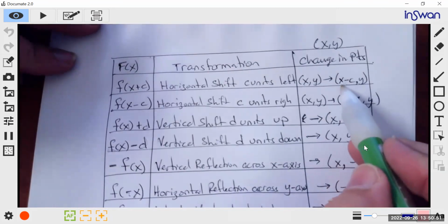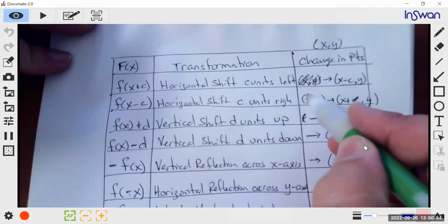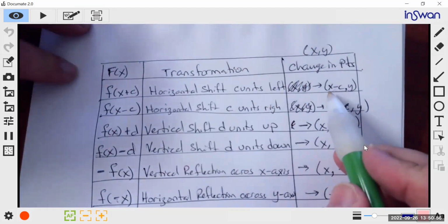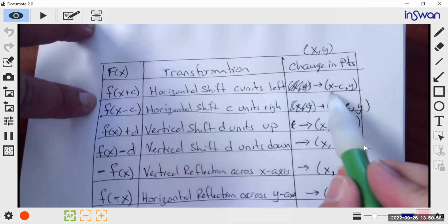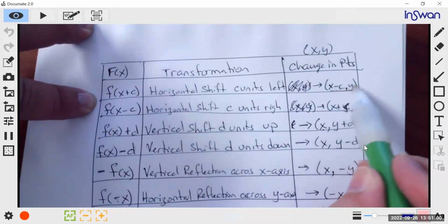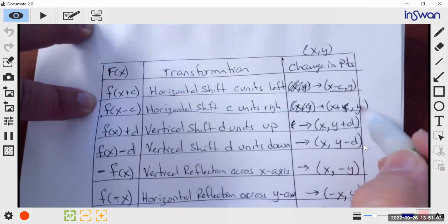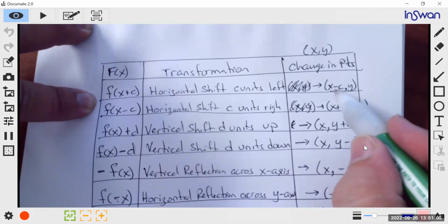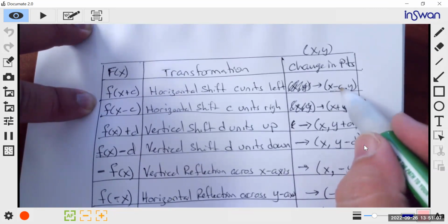The horizontal shift is x minus c comma y. The y values stay the same on the horizontal shifts. All you do is either add or subtract c to the value of x.